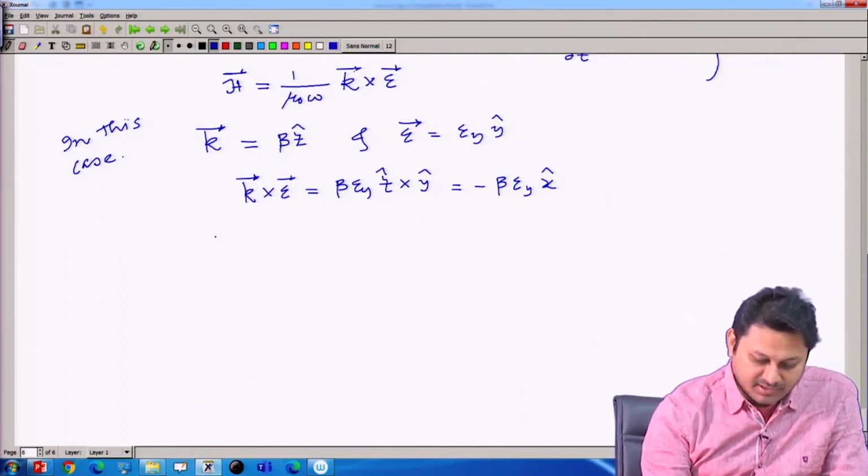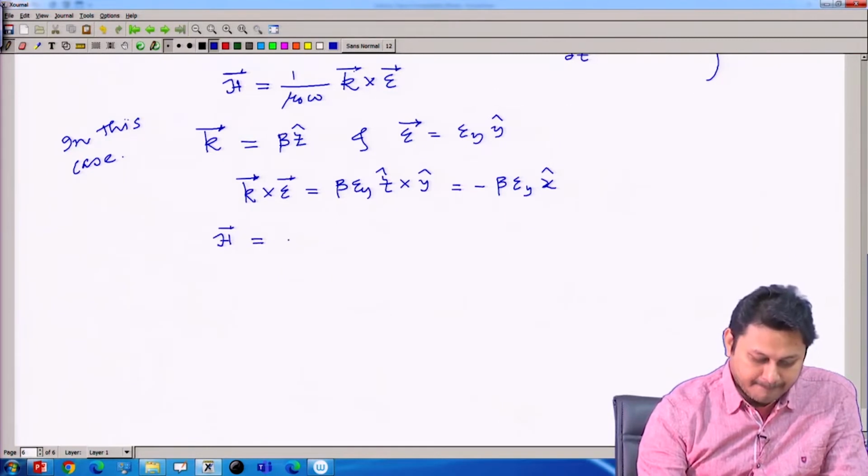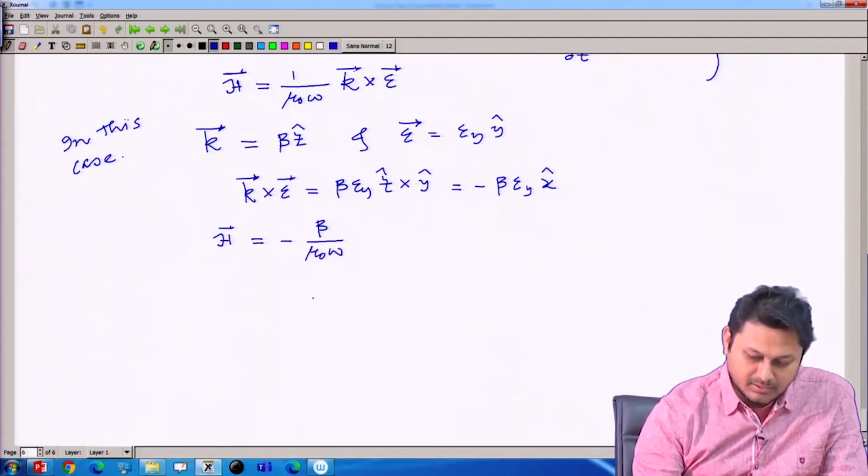So, H is essentially, vector H is essentially minus of beta, then mu 0 omega, and then we have E y and x unit vector.